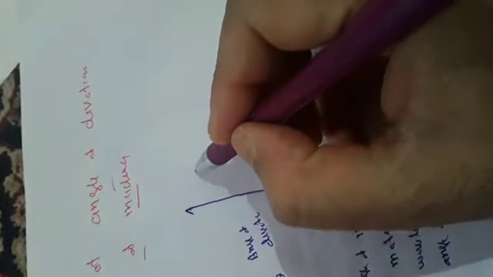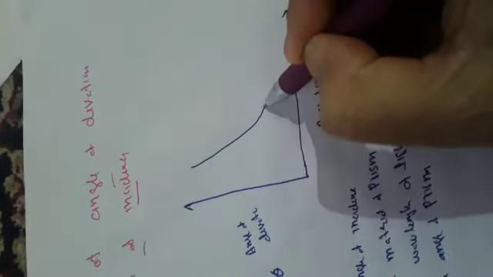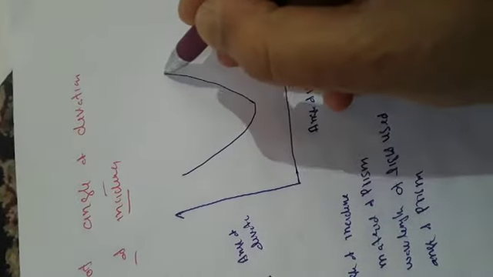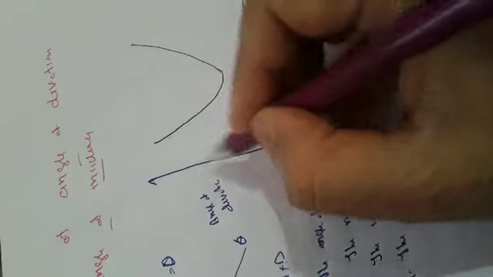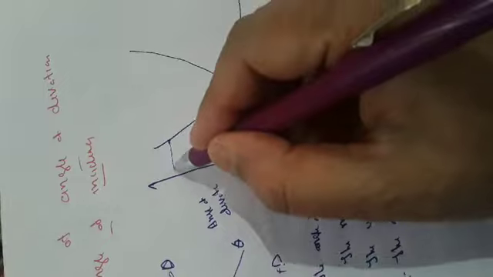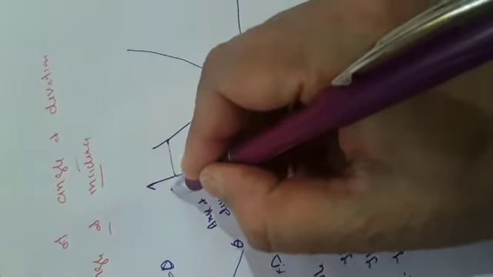We have seen a graph just like this. What does the graph indicate? Suppose this is angle I, it has a corresponding angle D, that is deviation.